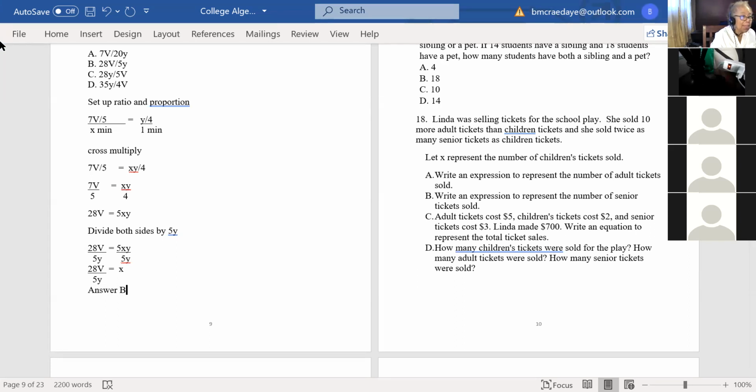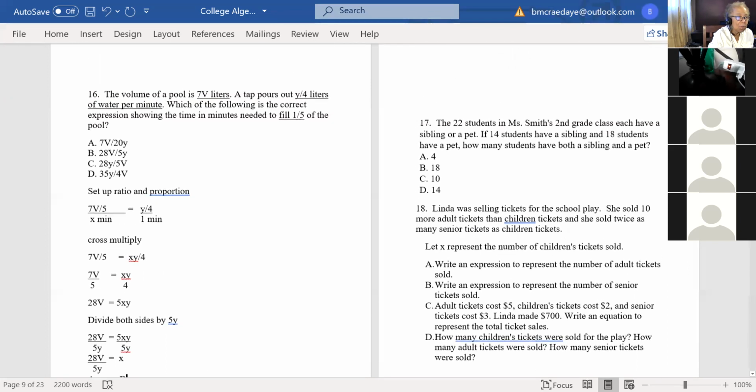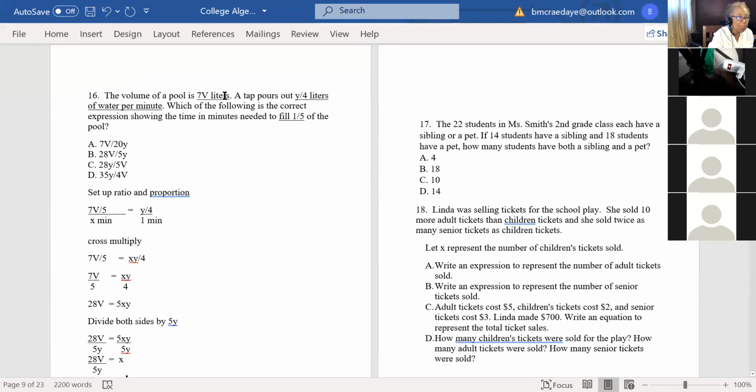Yeah, B says 28v divided by 5y, and this is what this says, 28v over 5y. So you had to set up a ratio and proportion, taking into consideration they said 1/5 full. That's why we have 7v, the volume of the pool in liters.